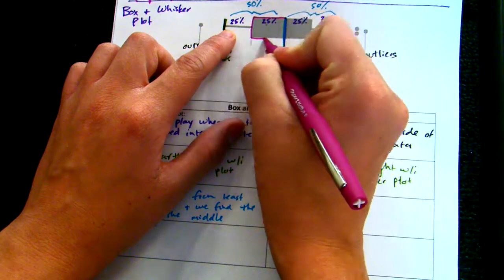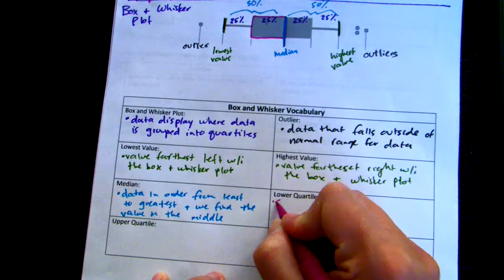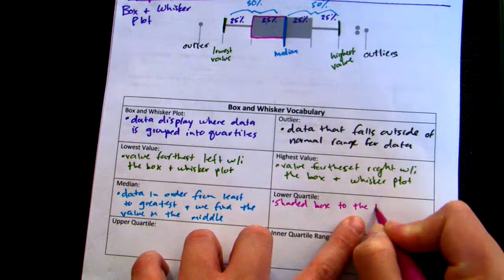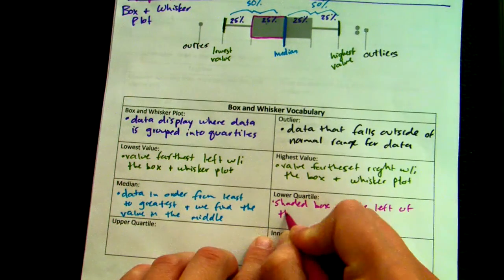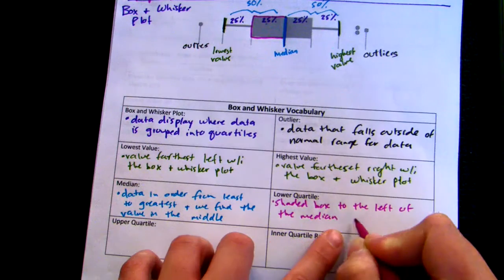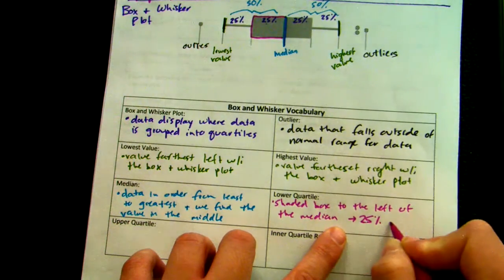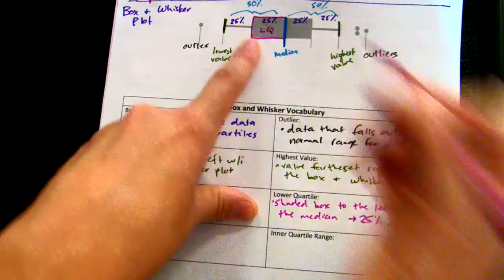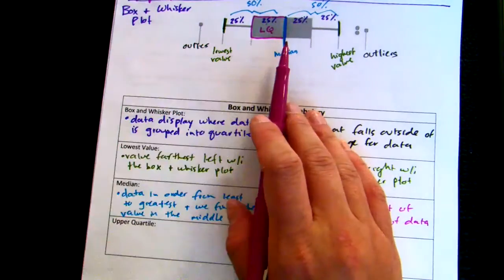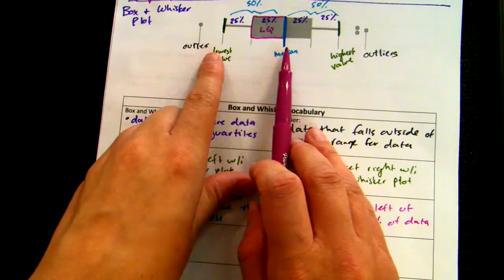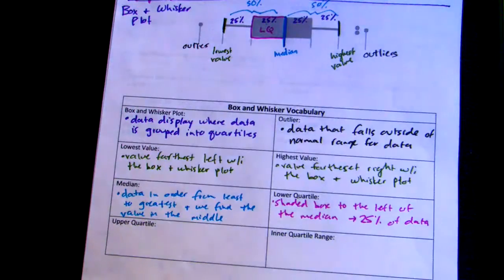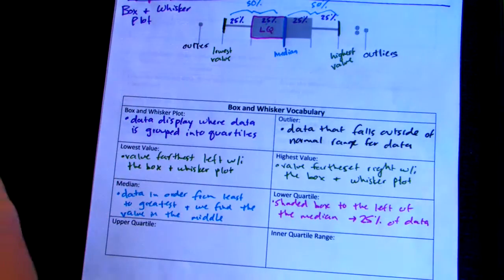It's the shaded box to the left of the median, and 25% of our data is within the lower quartile. It's the fourth of the data that is between the median and the lowest value, closer to the median.